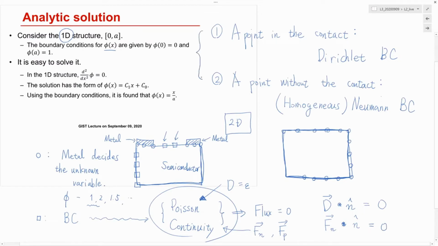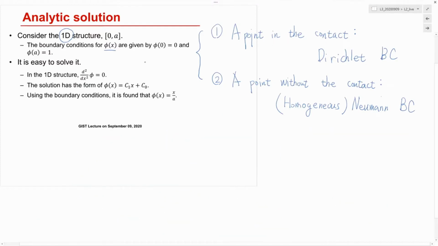If you have contact, it decides the value. If you don't have contact, then no flux is allowed crossing that domain boundary. That was just a general comment on boundary condition, which is valid for general dimension problems.